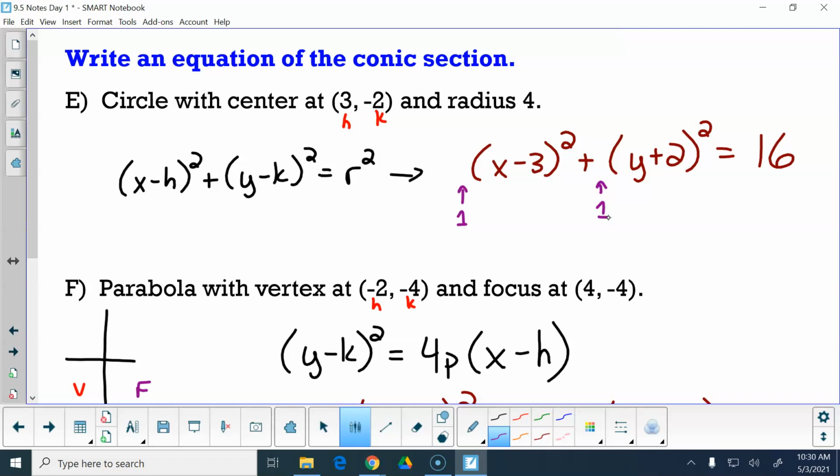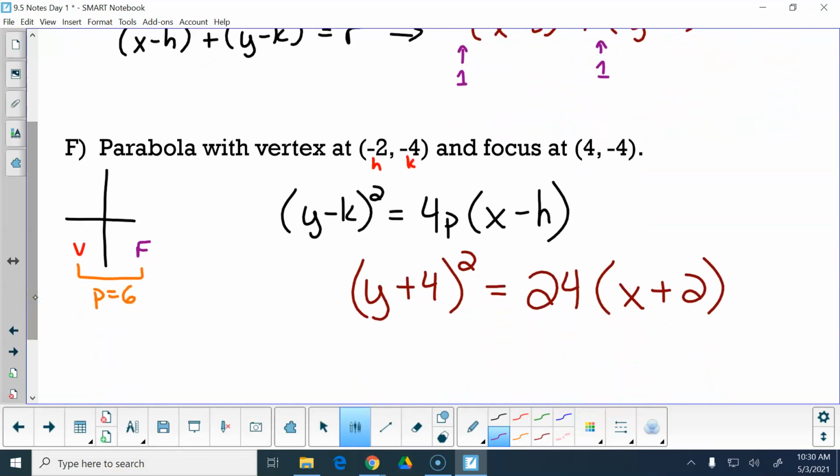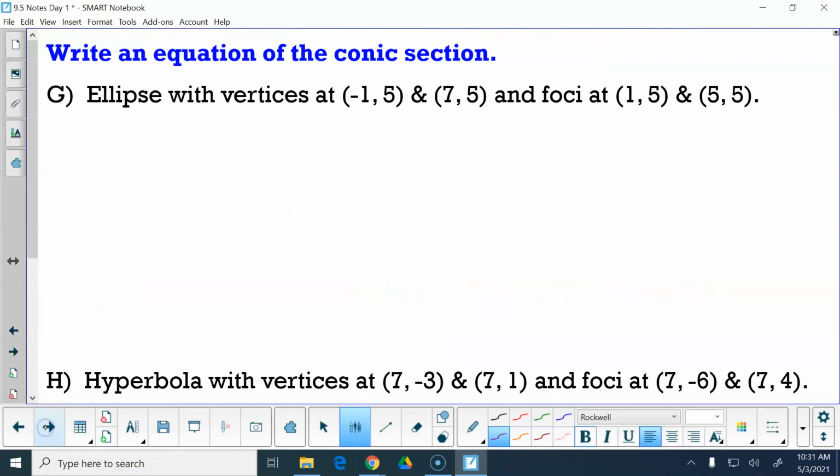So I have x squared plus y squared with the same coefficients. If I'm looking down here at this one, I've got one squared term, and that's y squared. X is just x, so that's why it's a parabola. So all of those hold.